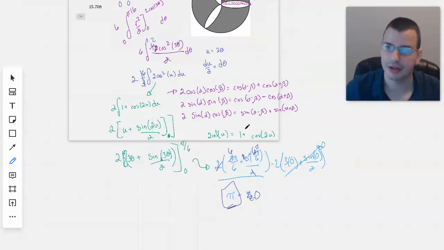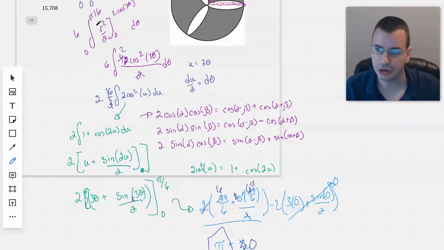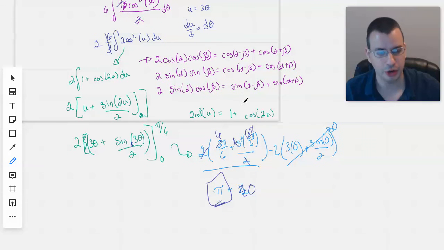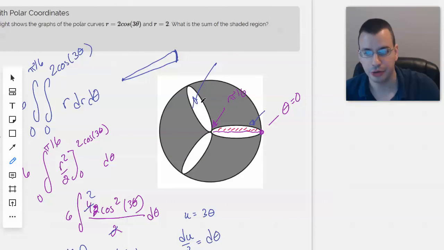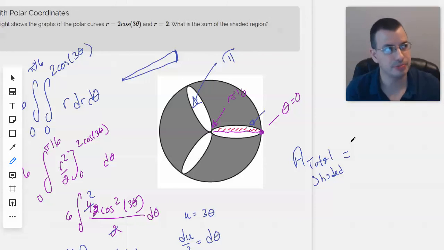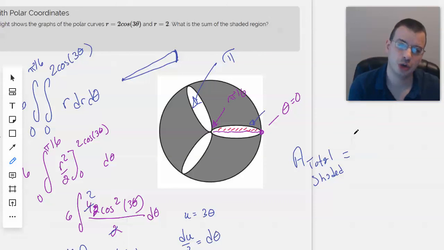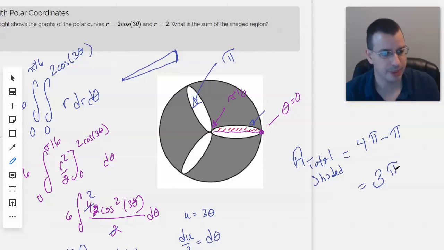Maybe, possibly. So going back, when we took the integral using polar coordinates of these petals, we got a total answer of pi. So these petals have total area of pi. So the total shaded area equals pi r squared, which is pi times 2 squared, which is 4 pi, for the area of the circle, minus the area of the petals, which is pi, which equals 3 pi.